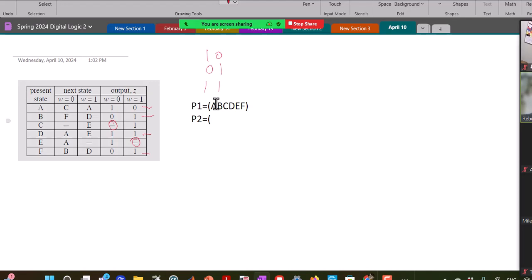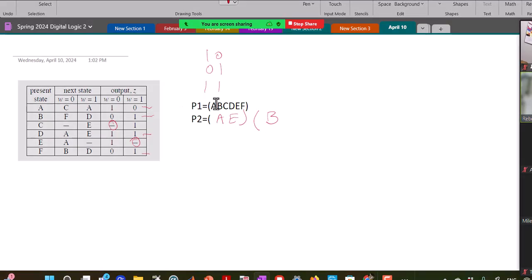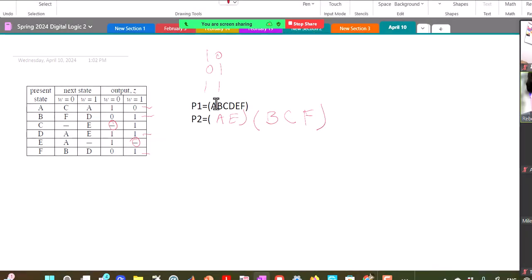So now I'll divide these up based on their output. Everything that has 1, 0 will go together. So 1, 0 is A and E. Then everything that's 0, 1 would be B, C, and F. And then 1, 1 looks like it's D. Did I get everything?